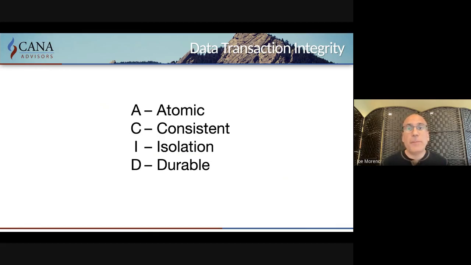And by durable, we mean that if we lose power while we're writing to the database, we don't corrupt the data in the database. And the way that generally works is that the data before it's written to the database, after you send it, has a little in-between step where it might write the data to what's known as a write-ahead log. And then from the write-ahead log, the data is written to the database.